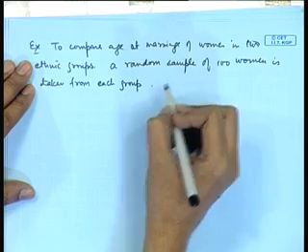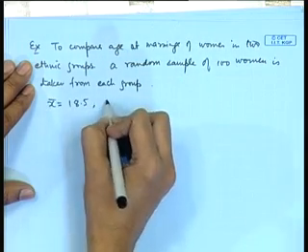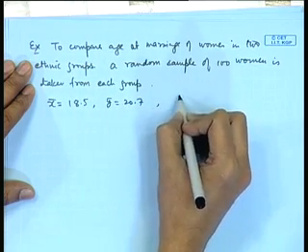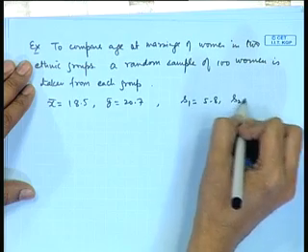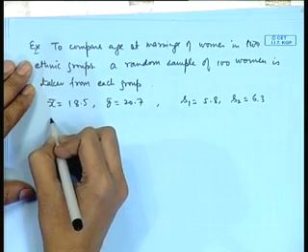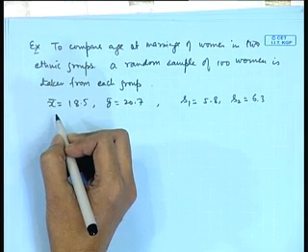And we observe that x bar is equal to 18.5 years, y bar is equal to 20.7 years, and S1 is equal to 5.8, S2 is equal to 6.3, and we want a confidence interval for this.